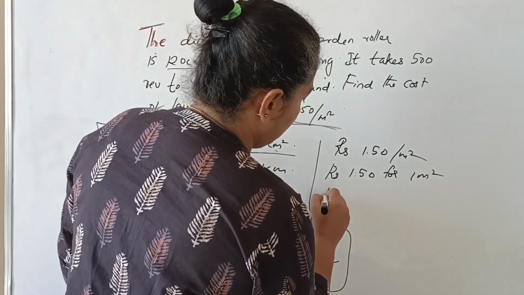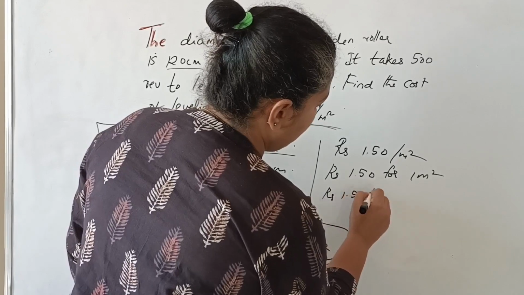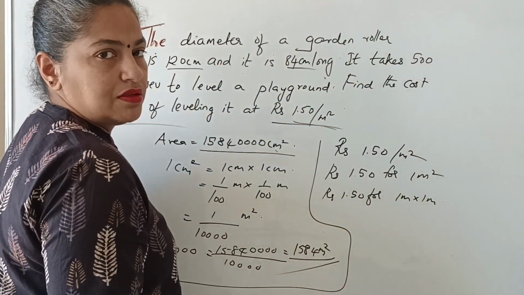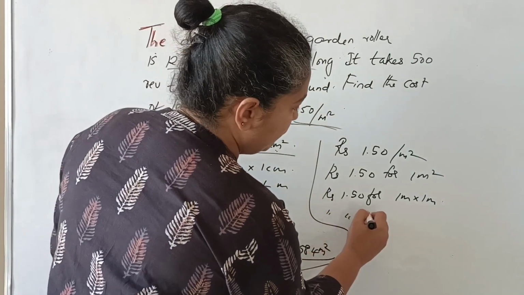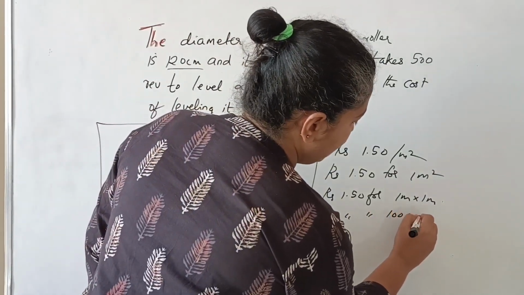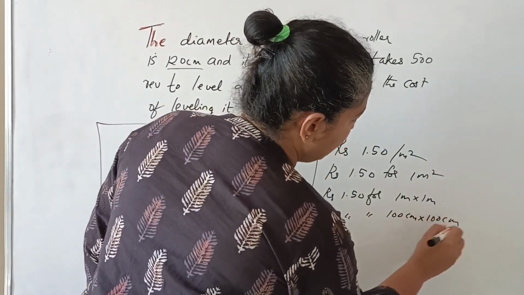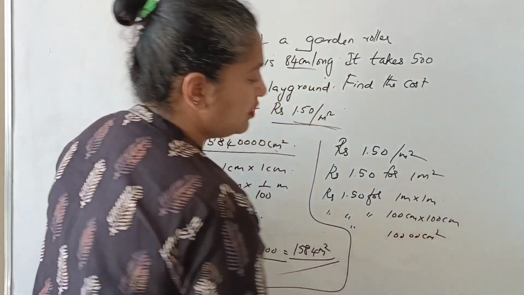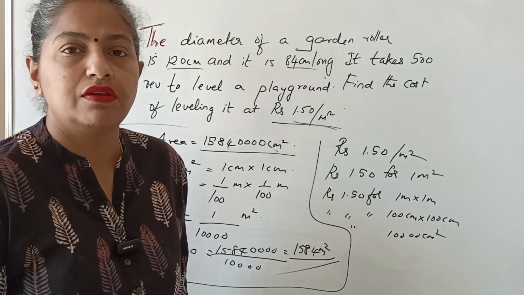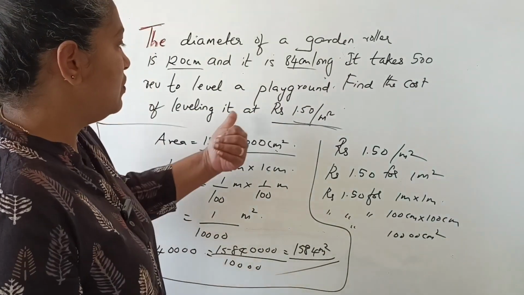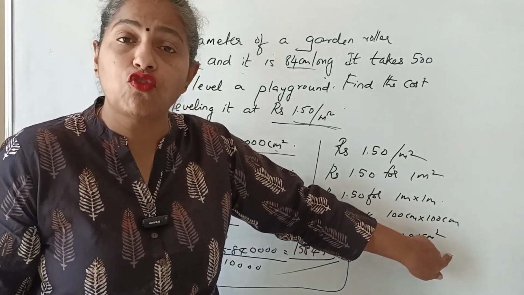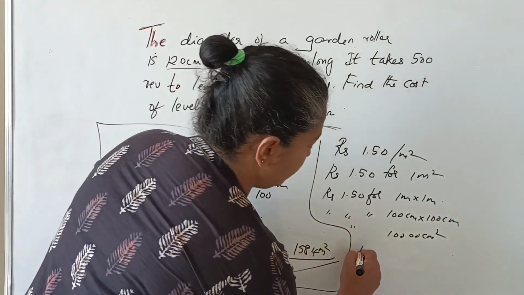Now, rupees 1.50 for 1 meter into 1 meter, or rupees 1.50 for 100 centimeter into 100 centimeter, or 10000 centimeter square. Correct? Now, 1.50 is the rate for so much of centimeter square.